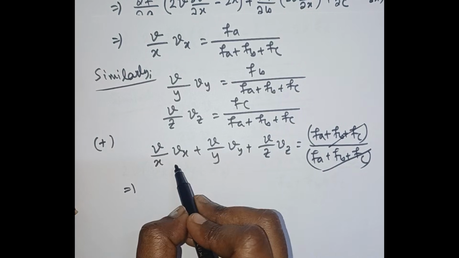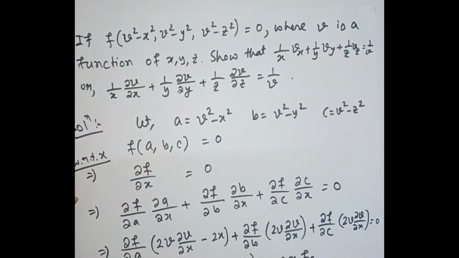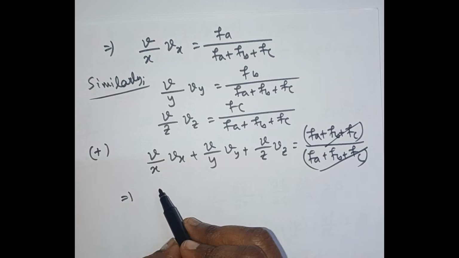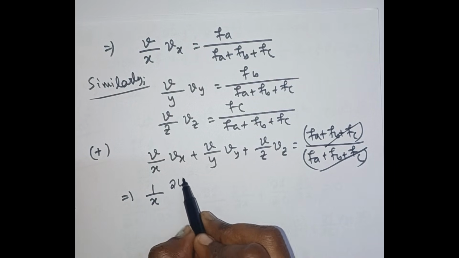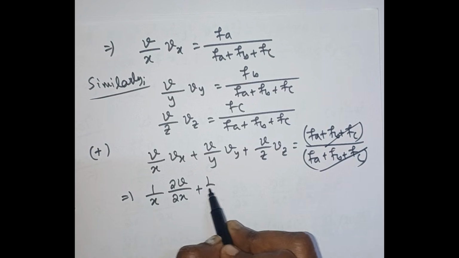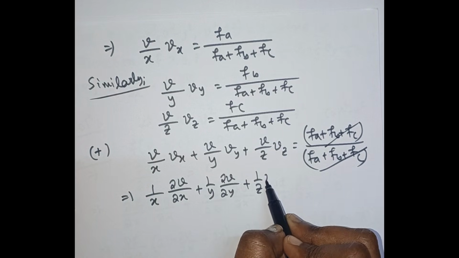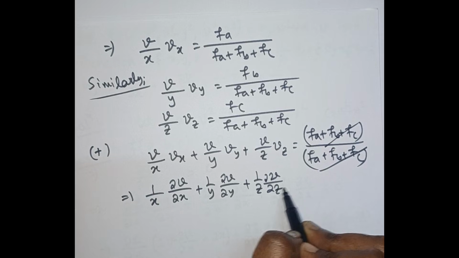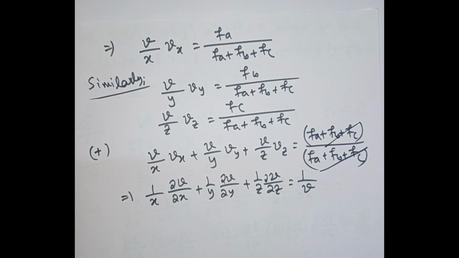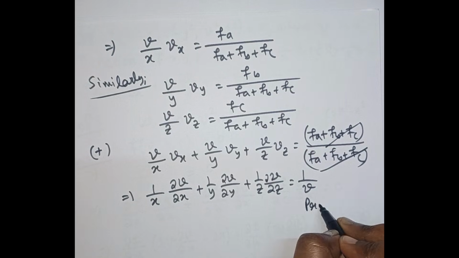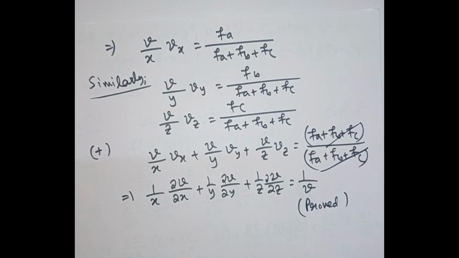Now we have in our expression 1 by x del v del x plus 1 by y del v del y plus 1 by z del v del z. So write those, and take v on the right hand side. So it will be 1 by v. Hence we are done. The expression is proved now.